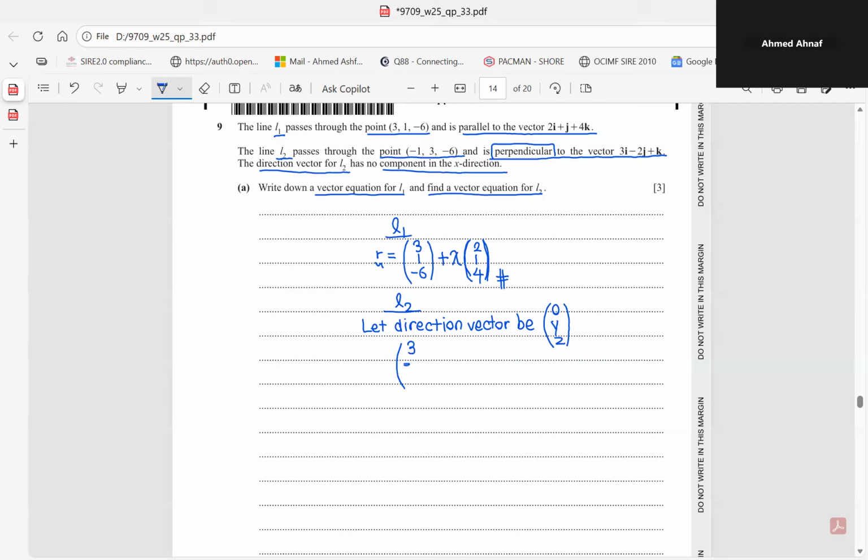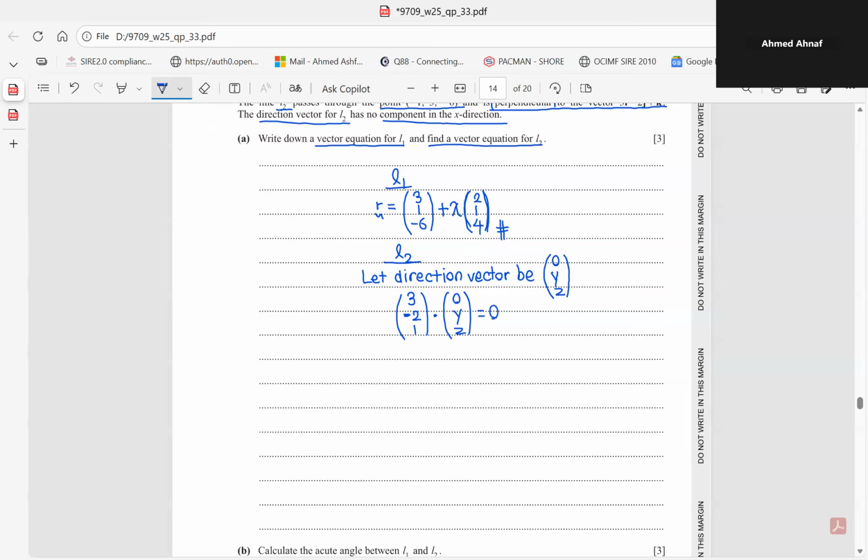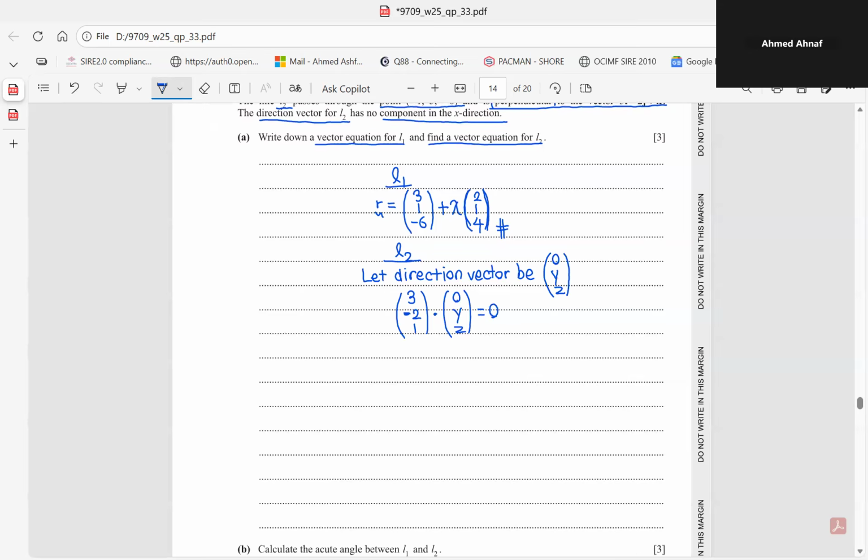So (3, -2, 1) dotted with (0, y, z) equals 0. So 3 times 0, that's 0, plus -2y, that's just -2y, plus 1 times z, which is z, equals 0. And now we just make z on its own. You would get z equals 2y.